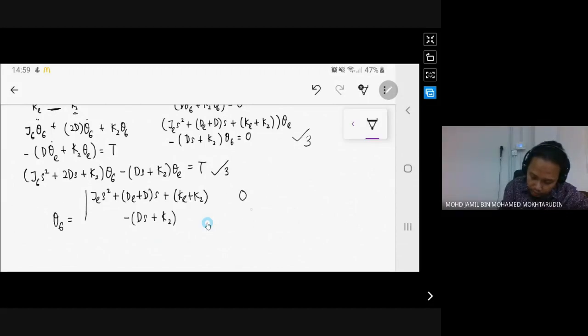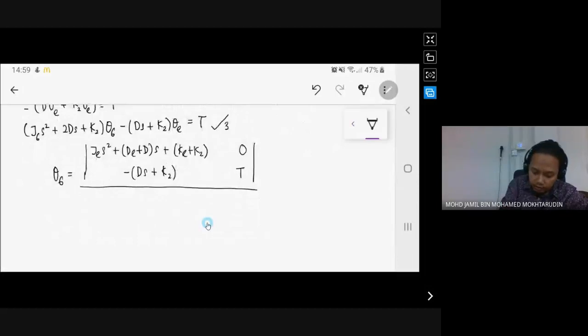So here is 0 and T. And then divided by the determinant of the original matrix.